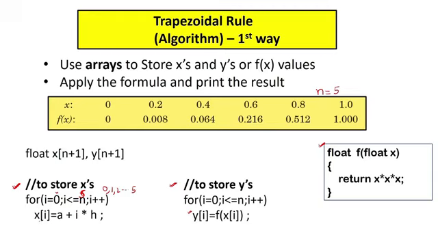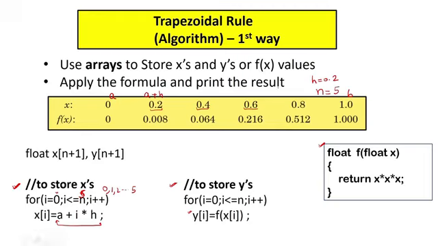Now this is xi. So xi will be x0, x1, x2, and so on till x5. Here these are the values calculated for x. You can see that this 0 was actually a, and this 1.0 was actually b, and these 0.2, 0.4 are all at a gap of h. That means this 0.2 is actually a plus h. a is 0, and the value of h we calculated as 0.2.